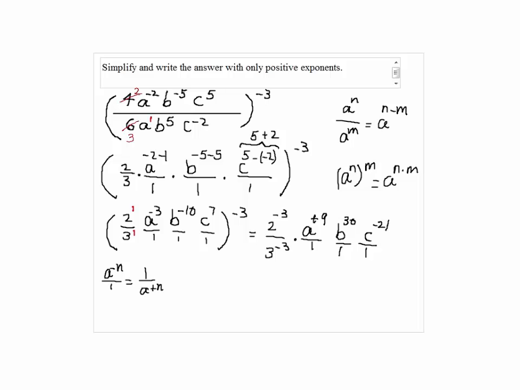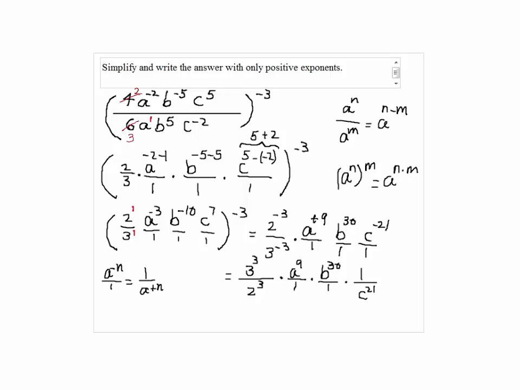You just have to move the exponents so I would have a positive exponent for all of them. Again, recall a to the power of minus n is equal to 1 over a to the power of positive n. So here I would get 2 to the power of positive 3 at the bottom of the fraction, 3 to the power of positive 3 at the top of the fraction.